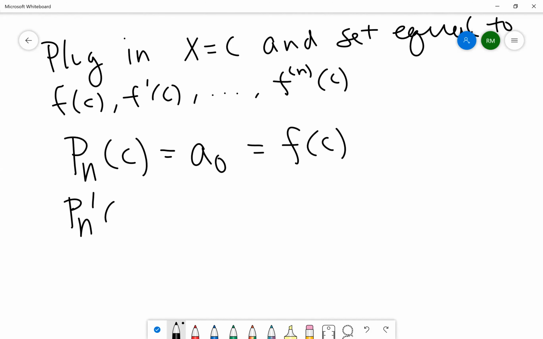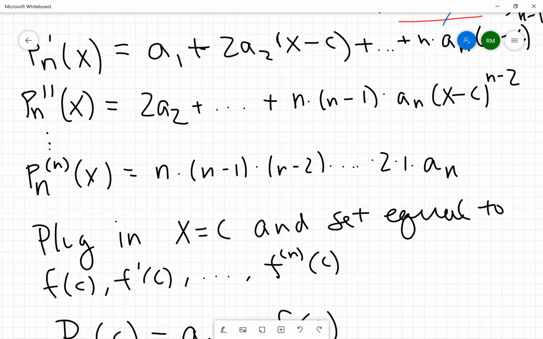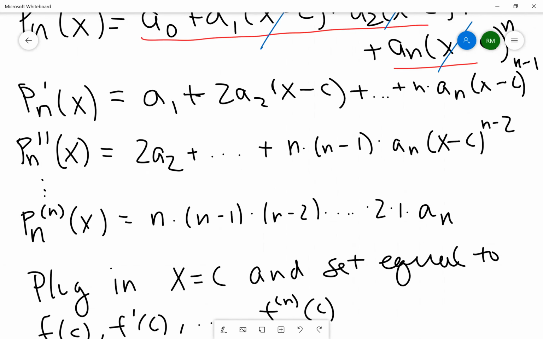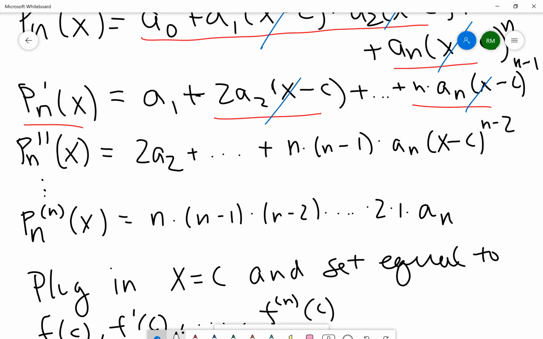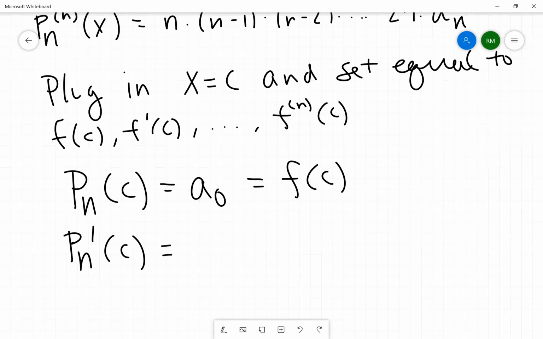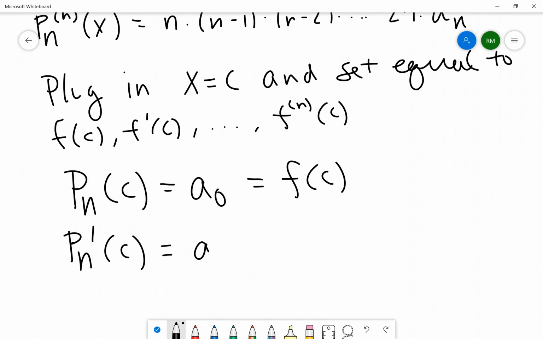Okay, let's take the first derivative. What happens when I plug in c for this expression, for the first derivative? I see the same kind of phenomenon when I plug in c for x. And I get that this is a1, which we set equal to the first derivative.